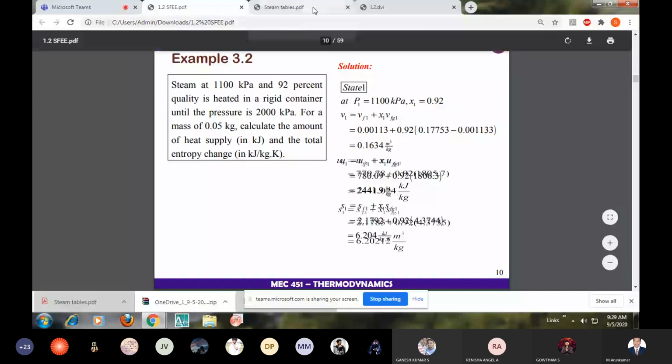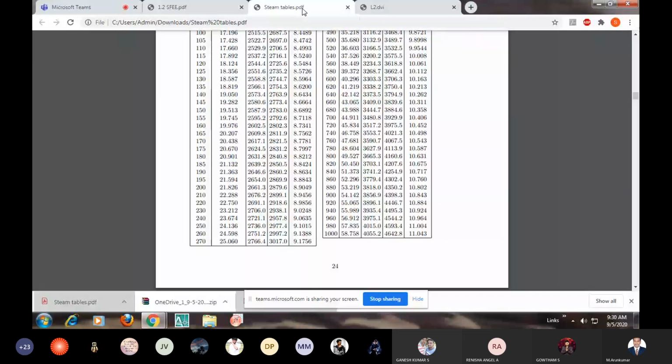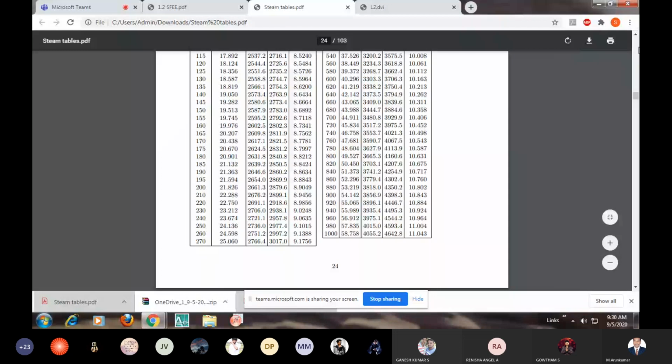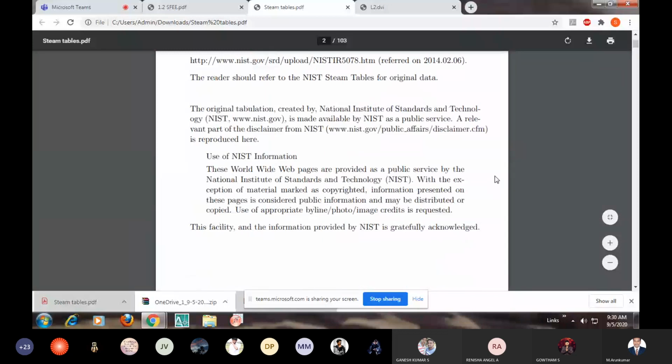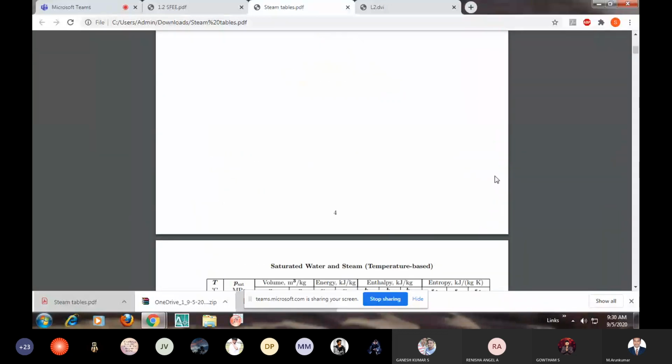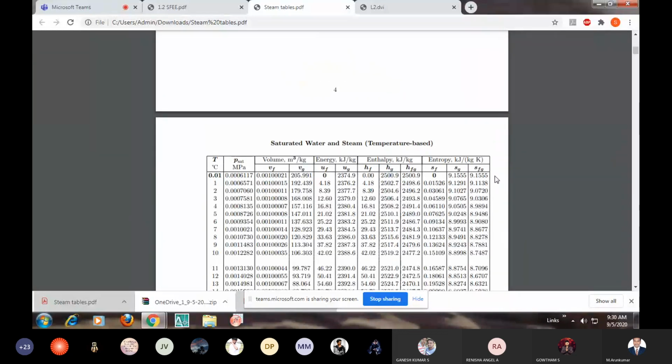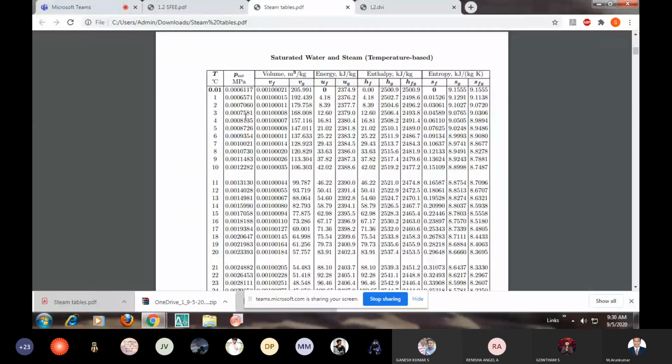So we have to look at the P1 pressure, 1100 kilopascal. Just take the steam table, then go to 1100 kilopascal. Even in megapascal, just 1000.